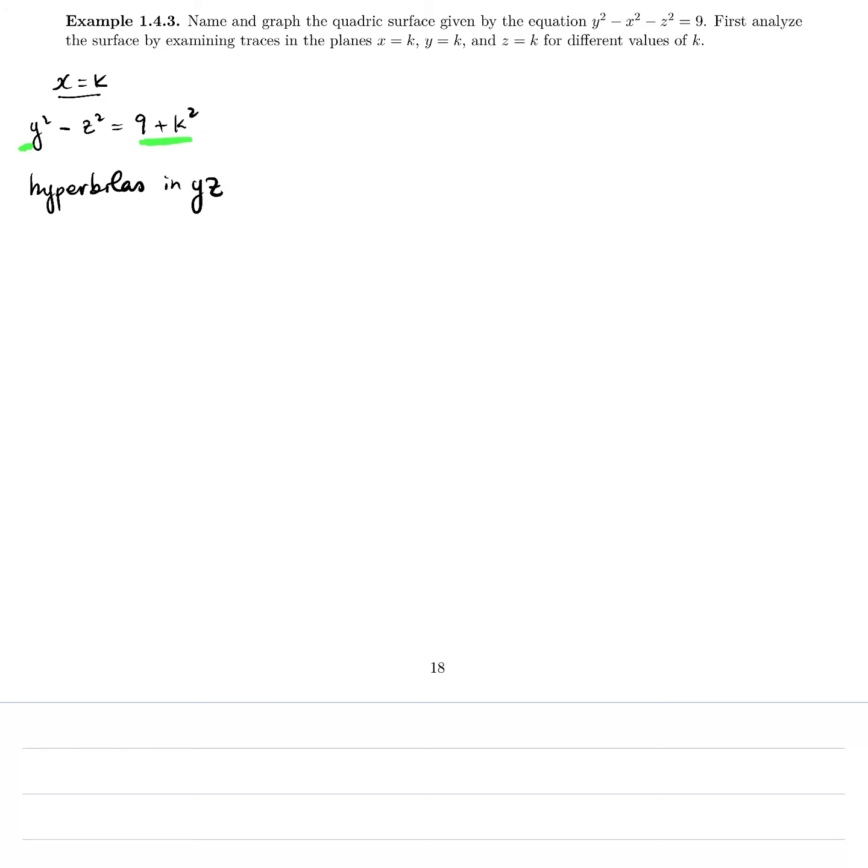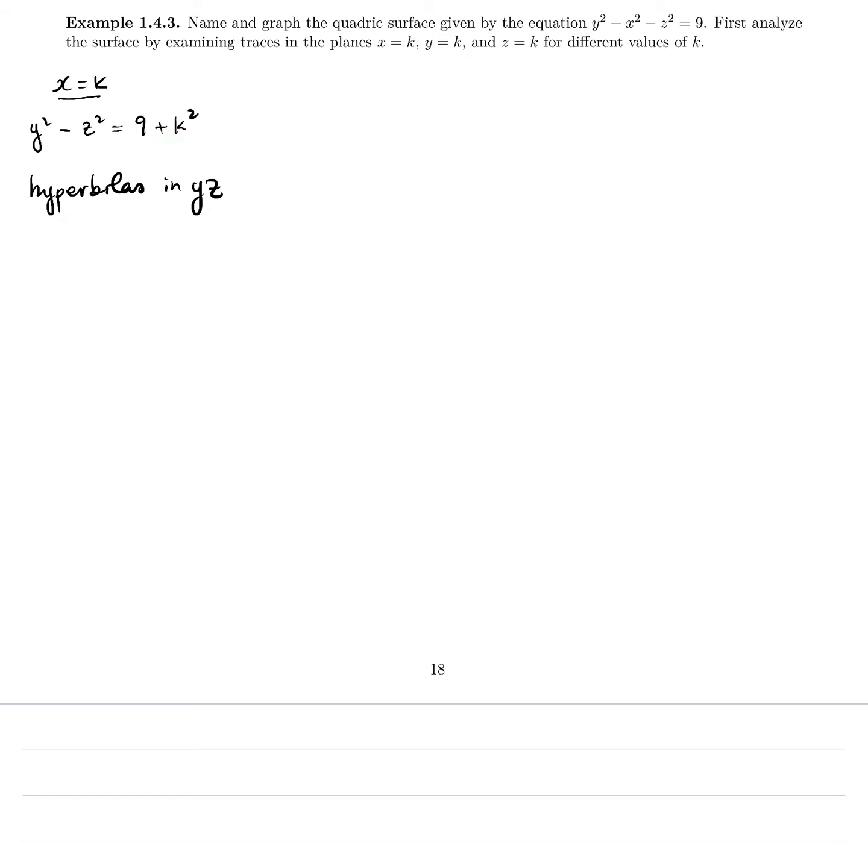We always have a positive coefficient over here, so k can be as large or as small as we want, it's being squared anyway. So in fact, in the x direction, we have no restrictions on k values.